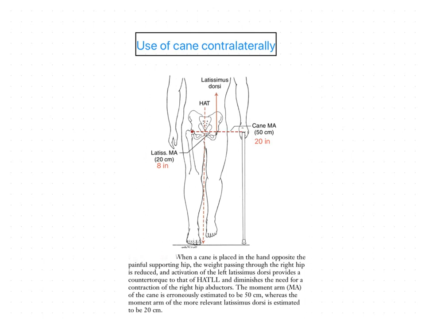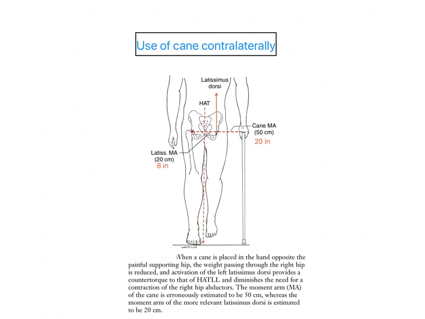Now we will see how use of the cane contralaterally has effects on the supported hip joint, or affected hip joint, or painful joint.